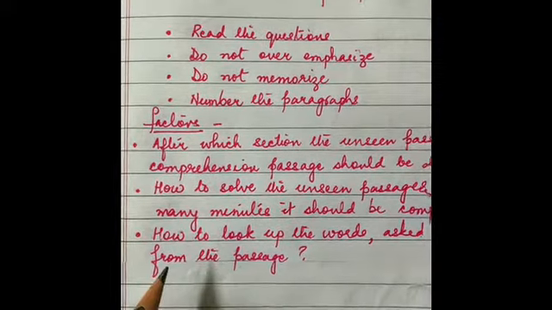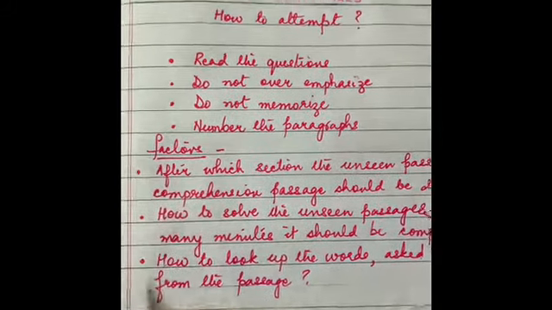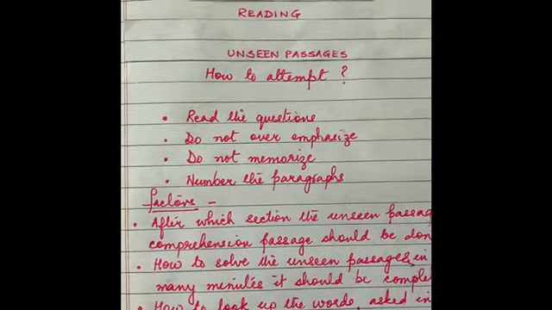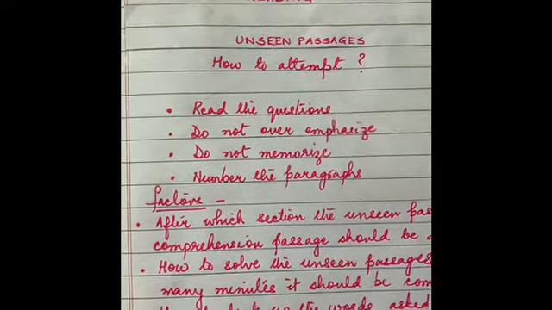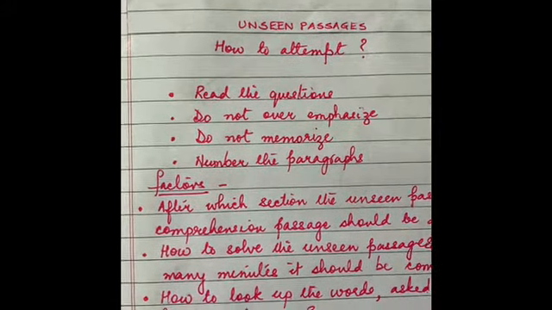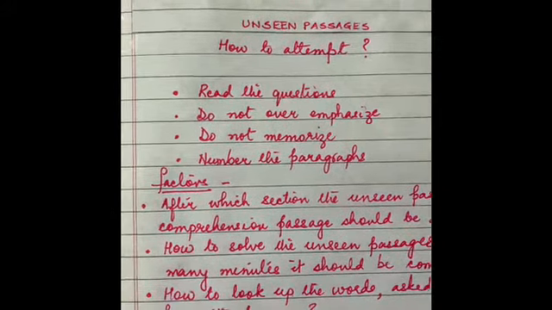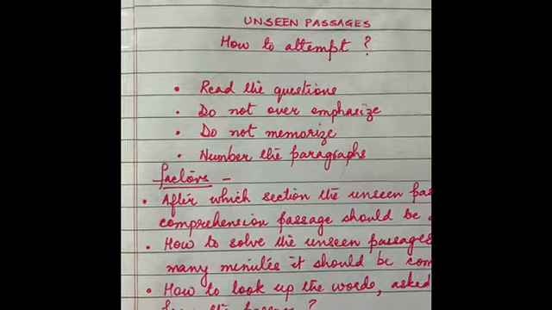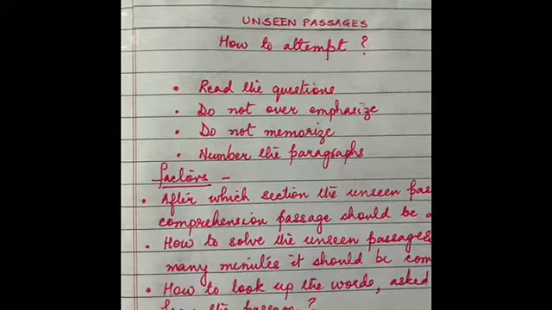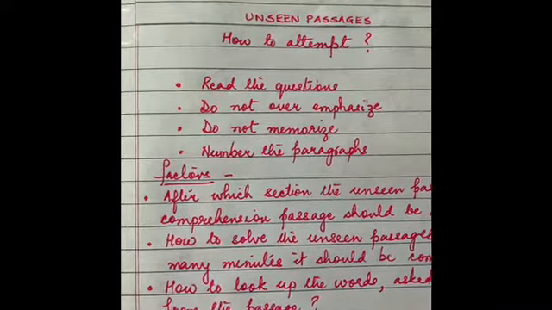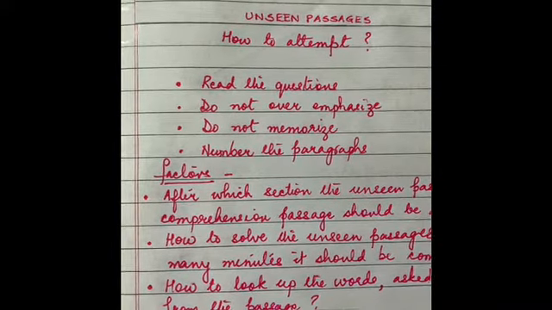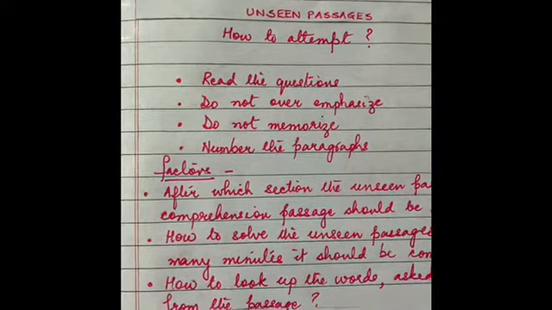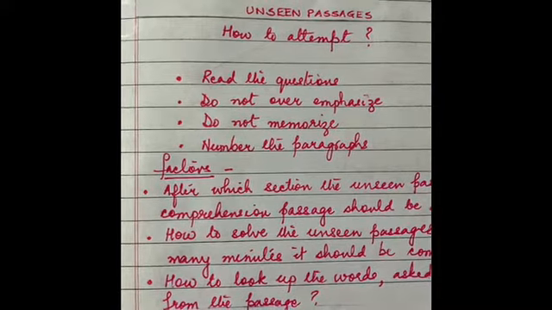So, out of these three factors, we will first of all talk about after which section the unseen passage or comprehension passage should be done and how much time should be taken to solve the unseen passage. Students, it would not be wrong if I say reading section is more difficult than the other two sections.